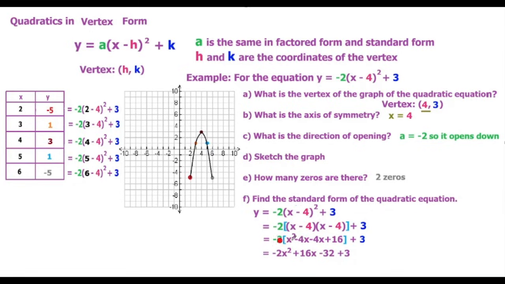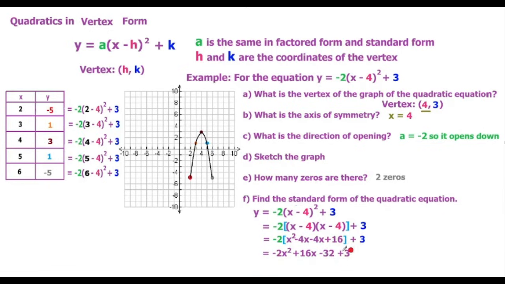Now we can multiply the negative 2 through here. So keep in mind, if we add these together, we get negative 8x, okay? And when we multiply negative 8 times negative 2, it becomes positive 16. Then when we multiply negative 2 times 1x squared, we get negative 2x squared. And negative 2 times 16 is negative 32.